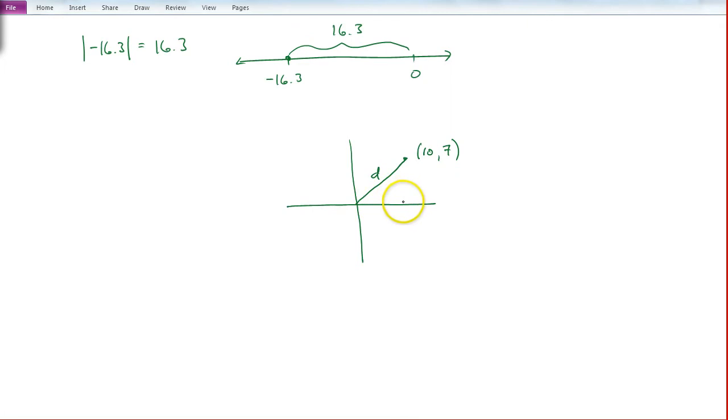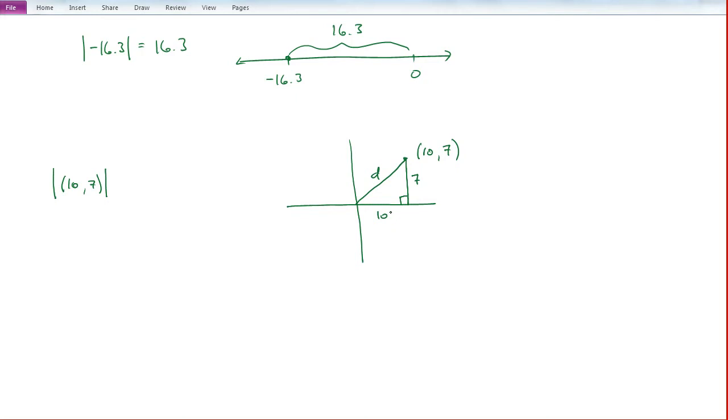And you might go about something like this. What I'm doing right now is the absolute value of (10, 7). That looks goofy, I'm sure, but so what? You might drop a vertical here, a perpendicular, and you'd call this 7 and this 10, and you'd be like, oh, I can just do the Pythagorean theorem for this particular absolute value problem.